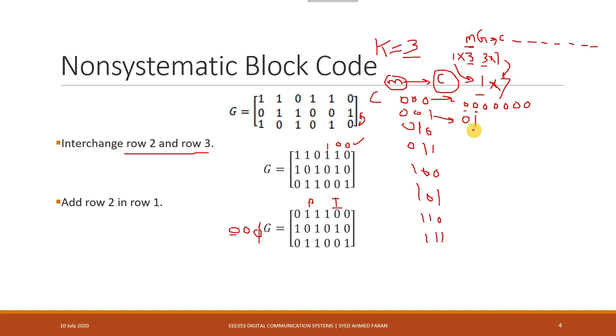Again you have to perform the mod 2 operation. Right now I have 0 plus 0 plus 1, so the answer is 1. For the third bit, 0 multiplied by 1, plus 0 multiplied by 1, plus 1 multiplied by 1 is 1. So the next answer is again 1.